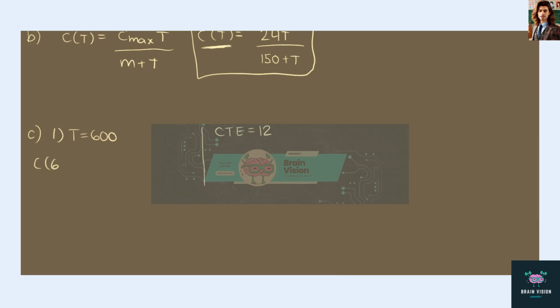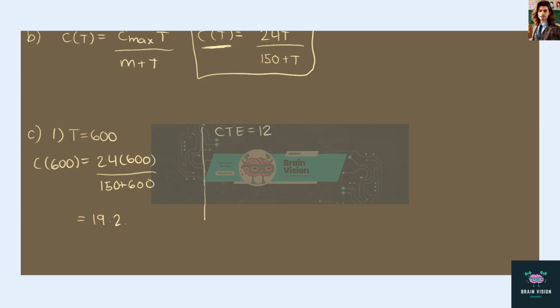C(600) is equal to 24 times 600 divided by 150 plus 600. If you evaluate this, you get 19.2 as your final answer.